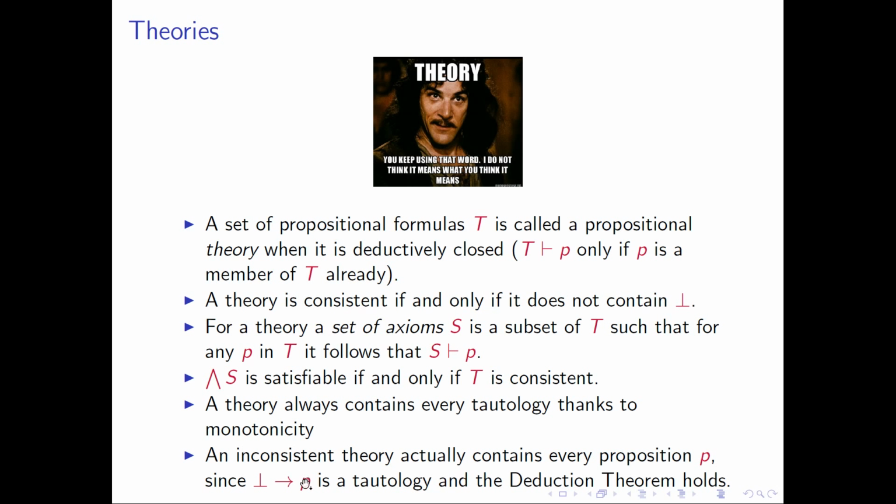Because there's nothing special about this P that we chose, we can choose any P. So it turns out that every proposition is in our inconsistent theory. That's kind of very counterintuitive. It's saying that if you arrive at a contradiction, you can derive everything, and that's what happens in propositional logic.